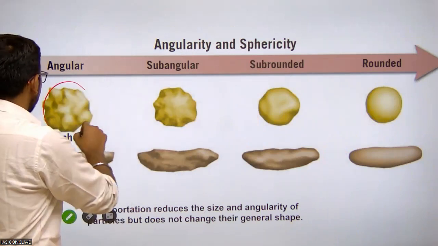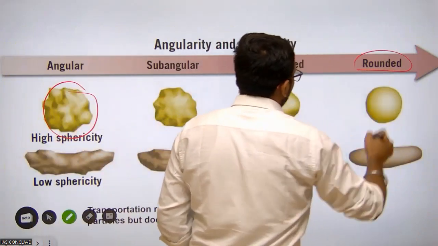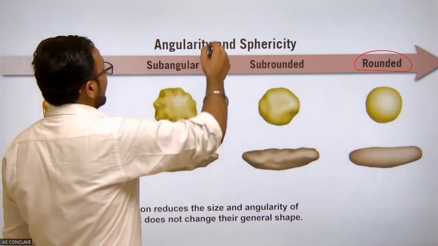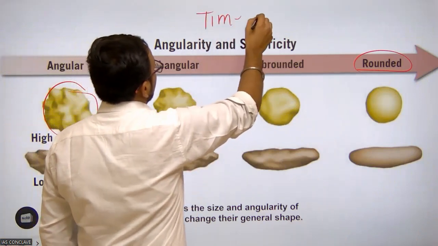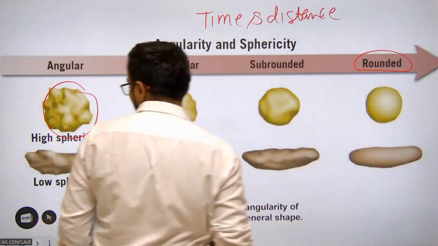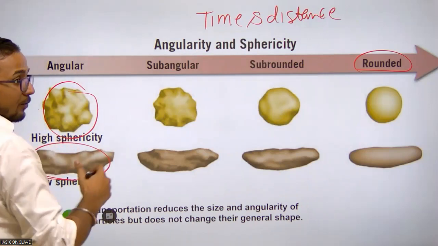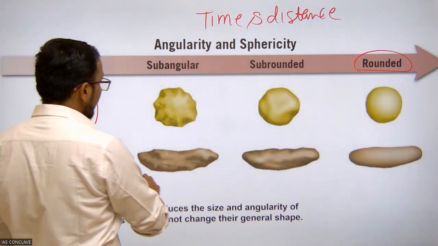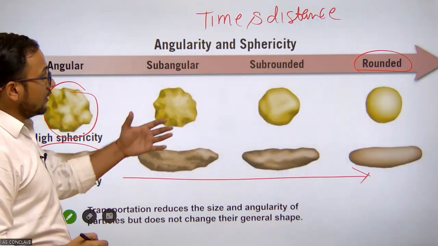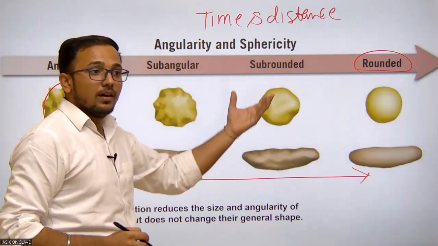Here the particle has a low angularity, but here the roundedness increases. So what does it tell us? It tells us about the time and distance it traveled. Here this has a very low sphericity, but when it travels over time and distance, it is going to have very high sphericity. So this is what we can infer from angularity and sphericity.